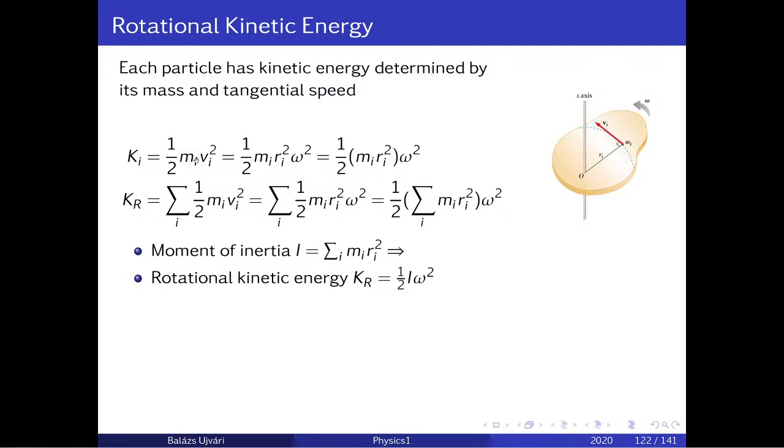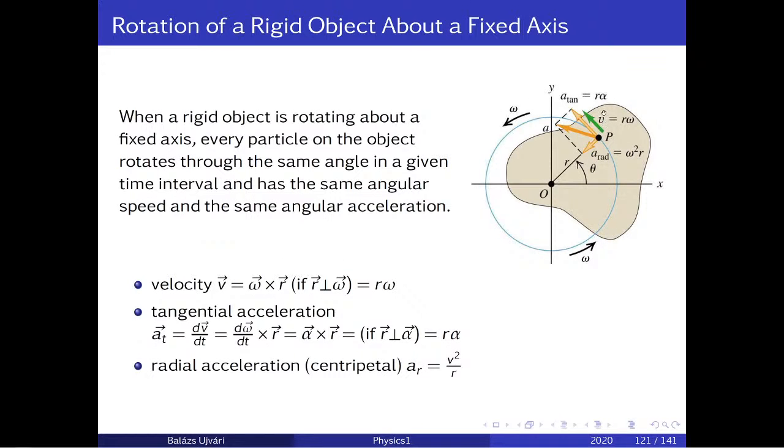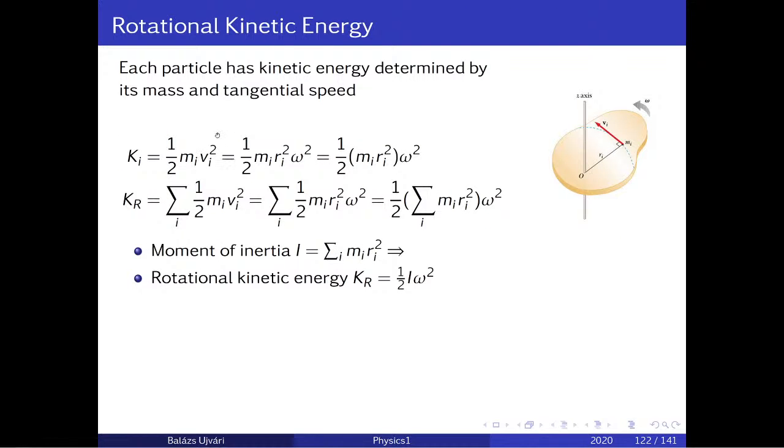Since we know the mass and the velocity, it's very easy to calculate the kinetic energy of this small part, and we only have to sum over all these small parts, so integrate all the infinitesimal small volumes. But if we play a bit with this velocity, we know velocity is the position from the origin times the angular velocity. So just replace the v square with r square times omega square.